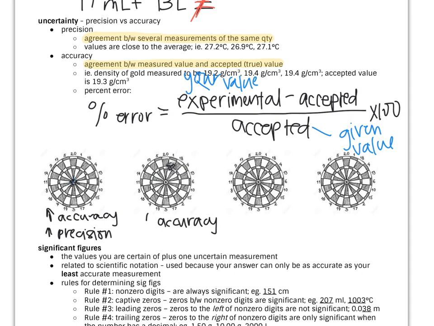No. So in this example, we would have low accuracy. But what about our precision? Are they all kind of near each other? Are they near the average? Are they near the same point? Yes. So this is an example. It has high precision. You're very precise in where your points are going, but they are not accurate.